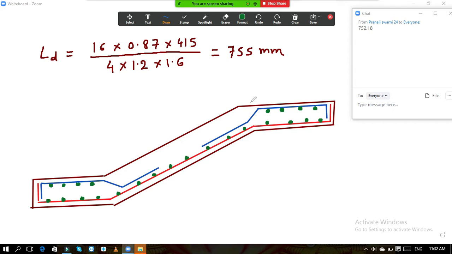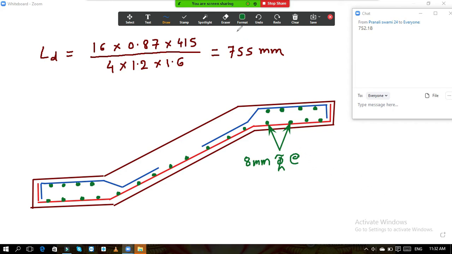Now we will give the names. So this is our distribution steel. This is 8 mm bar. What was our spacing for distribution steel? I think 200 mm.